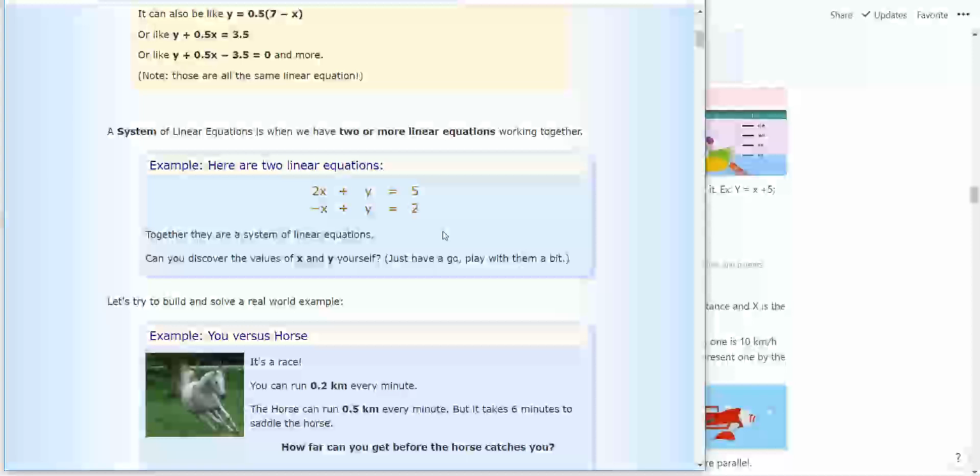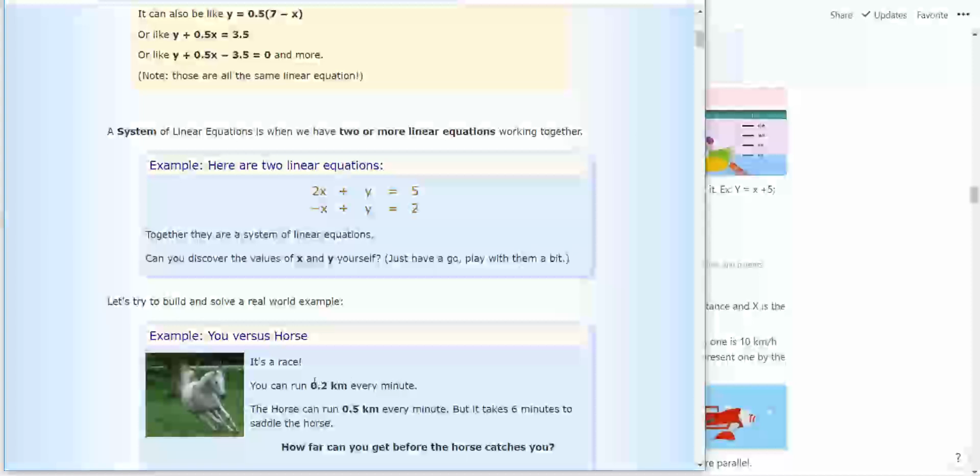There's also this way of solving problems where you have a literal word problem, and you try to solve it using equations. The process is quite straightforward. In this case you can run 0.2 kilometers every minute, so this is the speed and this is the time.